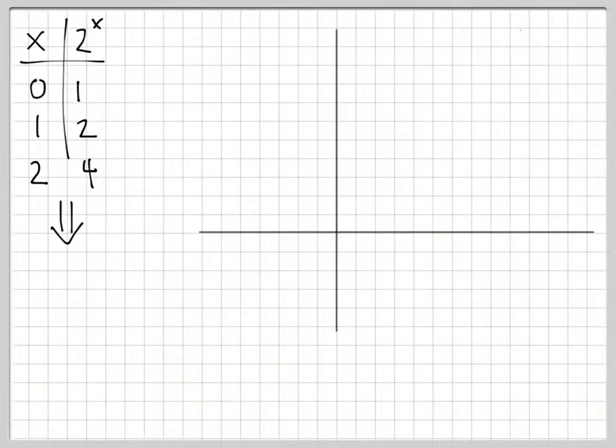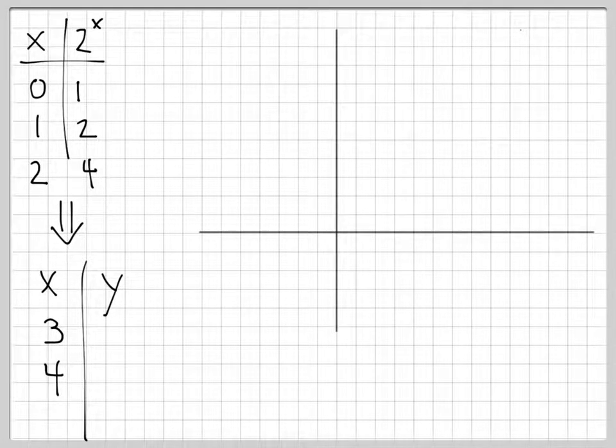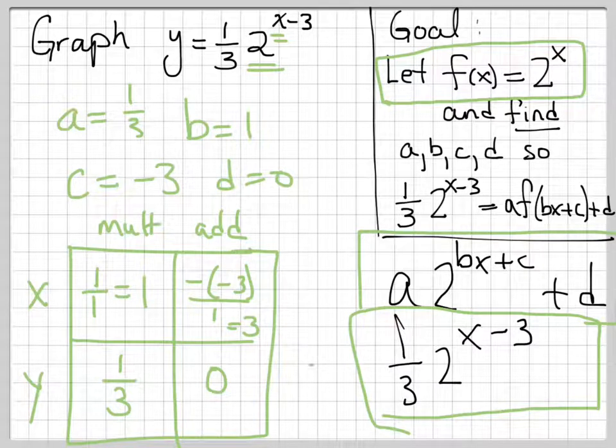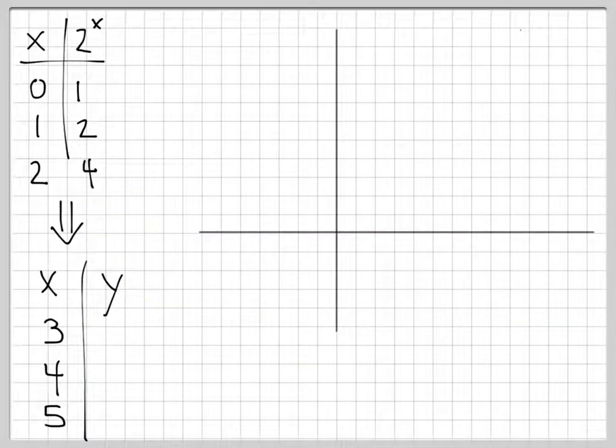So we're going to add 3 to all of the x values, and it's going to give us 3, 4, and 5. And we're going to multiply those y values by 1/3. And so it's going to give us 1/3, 2/3, and 4/3.